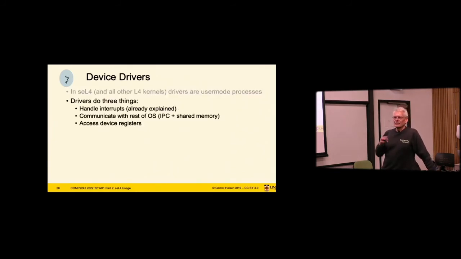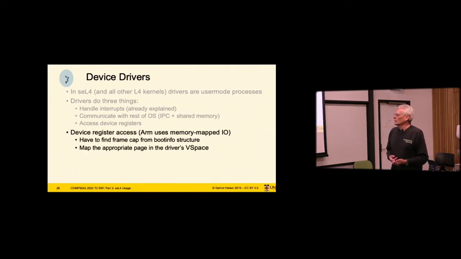So in seL4, a driver needs to deal with the interrupts, inform the rest of the OS, and program the device, which is reading and writing device registers. And the device registers on ARM are all memory mapped. So they're just doing reads and writes from specific locations. And how you communicate with the rest of the OS, that's your design issue.